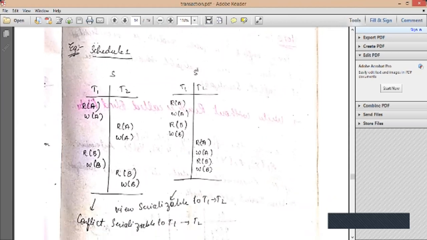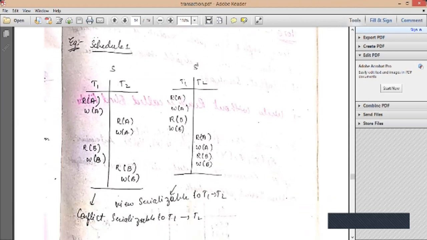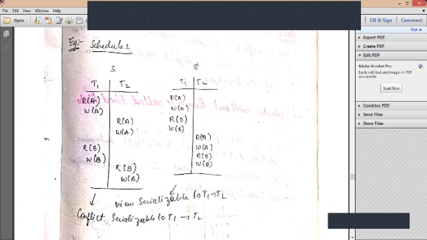I hope you have understood what view serializability is. If you have a schedule given, and this schedule has not satisfied conflict serializability because there was a cycle, with write-read and write-write conflicts, then it is not satisfied.